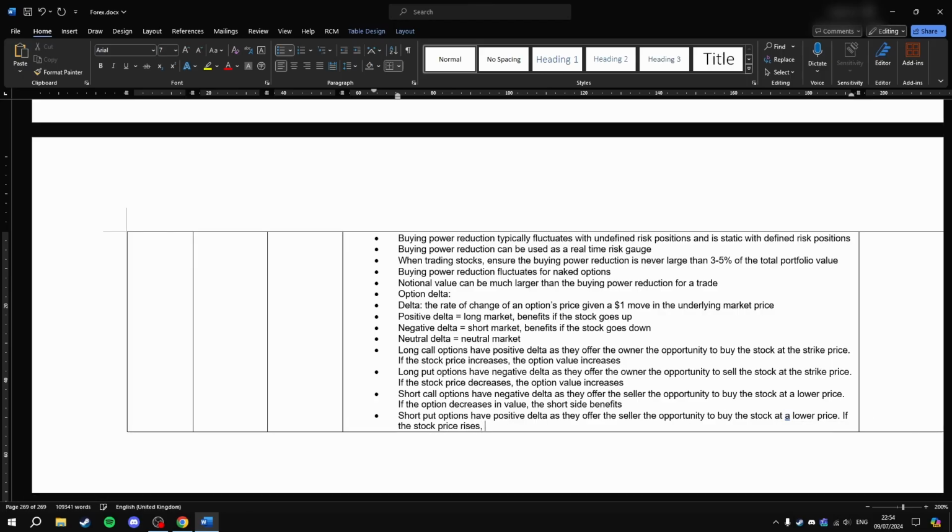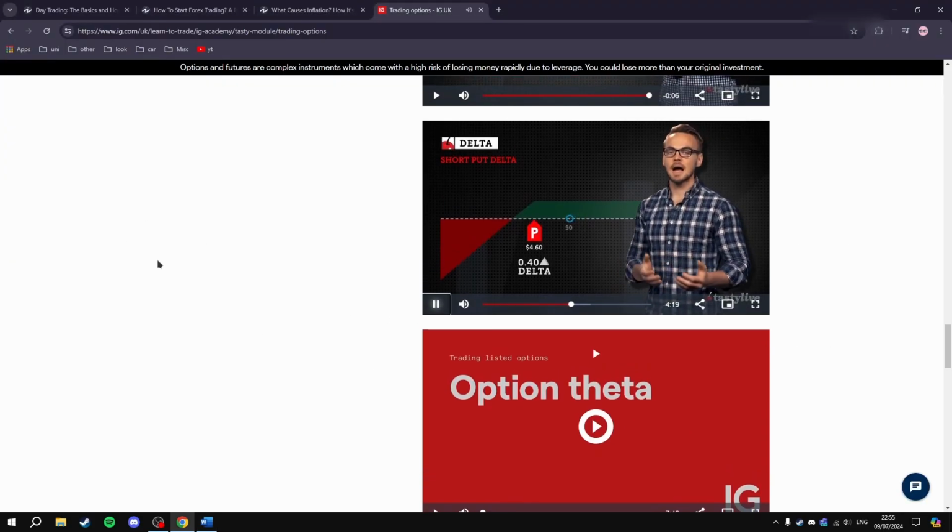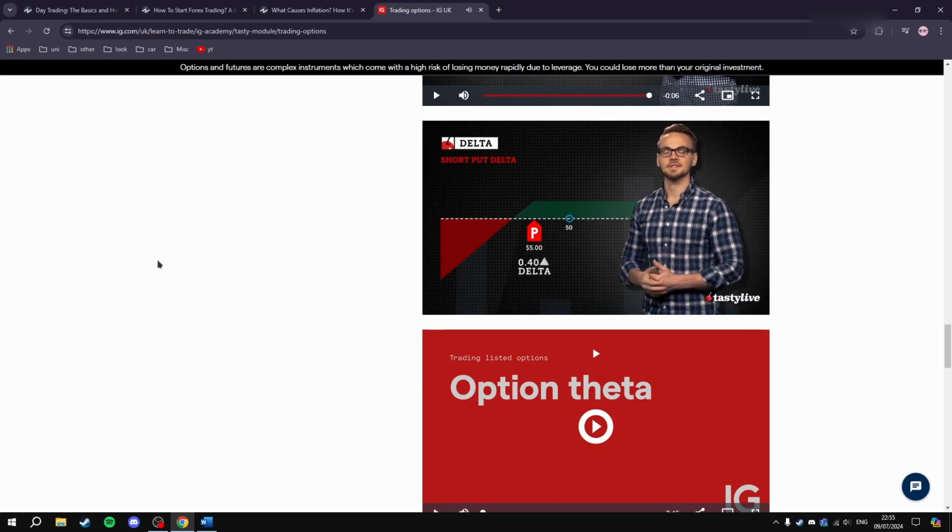If the stock price rises, the short side benefits. If the stock drops by $1, this would increase the value of the put by 40 cents, which is bad for the seller.